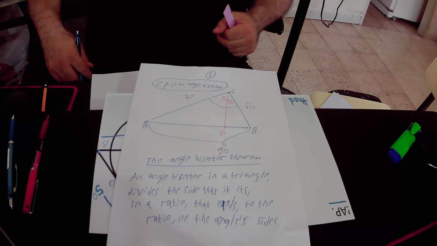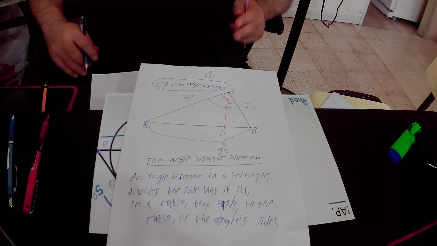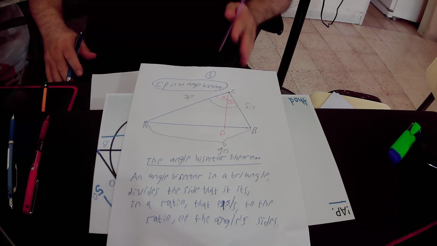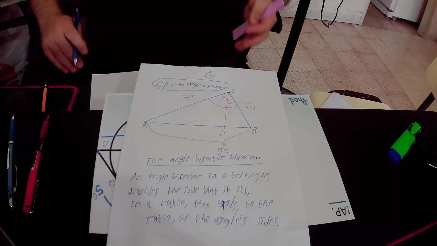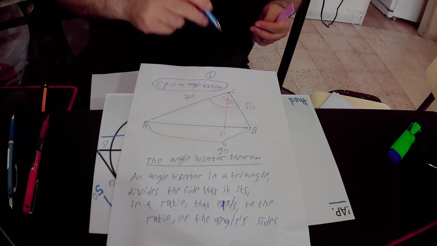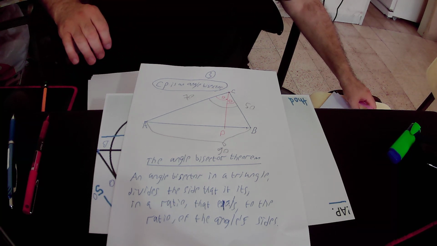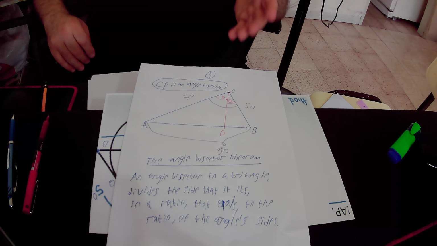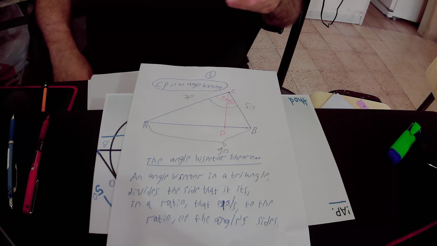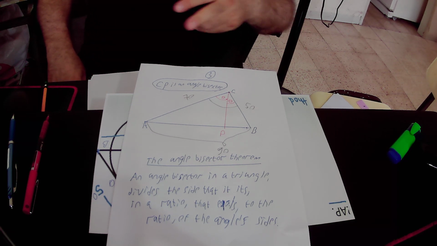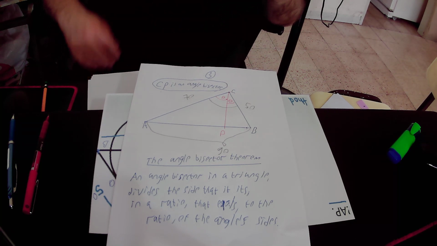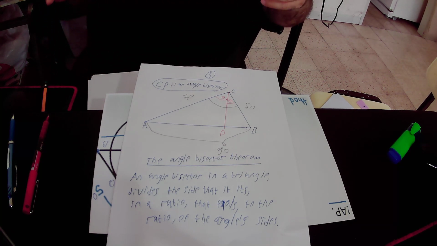Okay, now I'll explain the theorem. In our specific triangle, we have an angle bisector that is called PC, and I explained why CP is an angle bisector, because it splits angle ACB of the triangle into two halves. For that reason, CP is called an angle bisector.